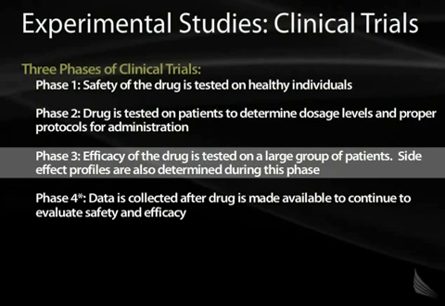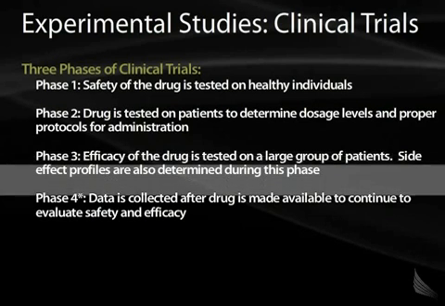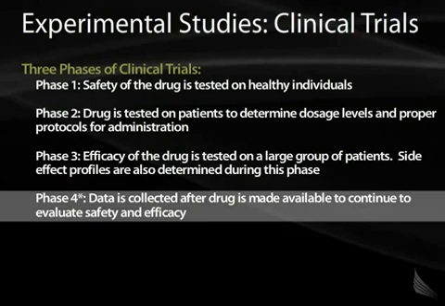And this is the phase that determines whether or not a drug or compound will be approved for widespread marketing. Once a drug has been approved for marketing and for use in the general population, data are collected to assess the safety of this compound. This is called phase 4. And phase 4 continues for as long as the compound is out in the population.